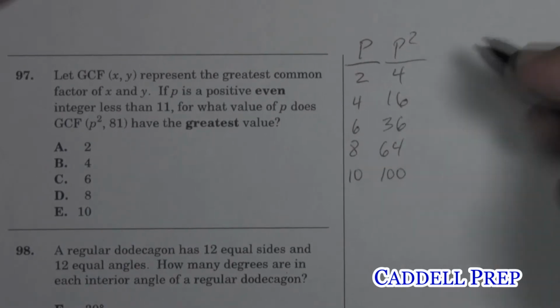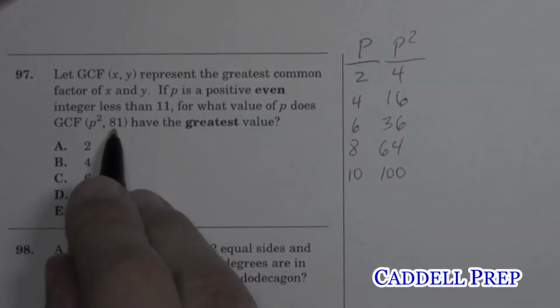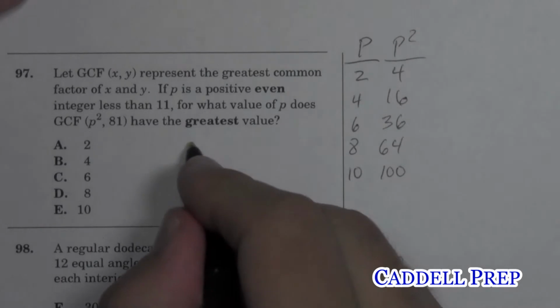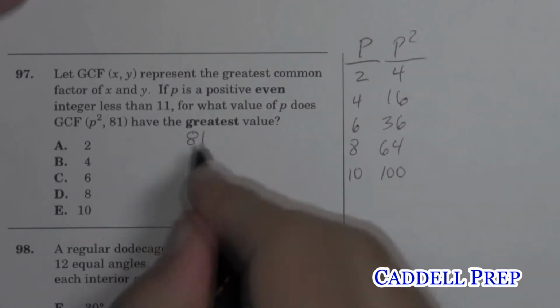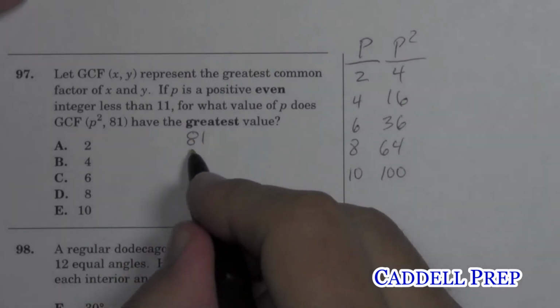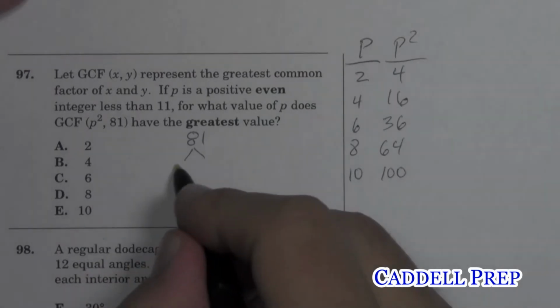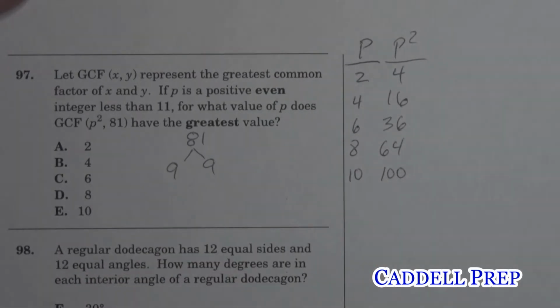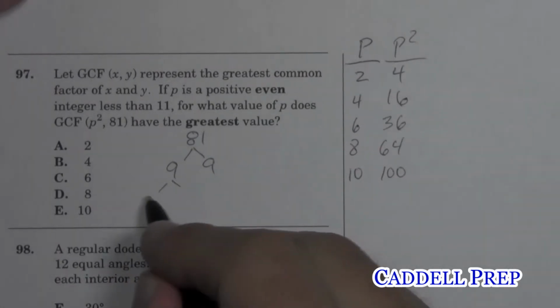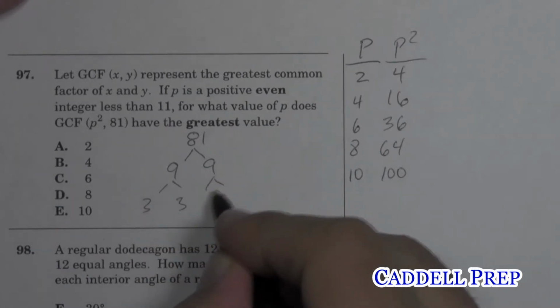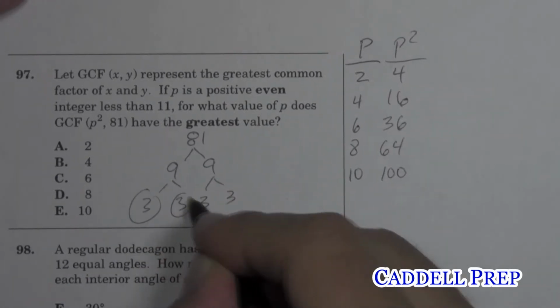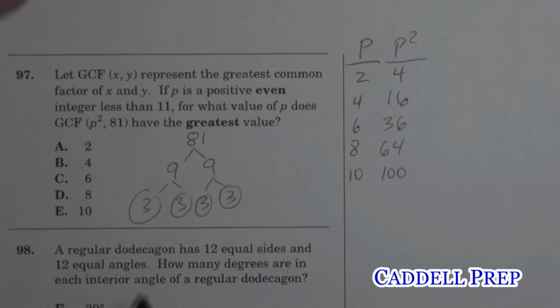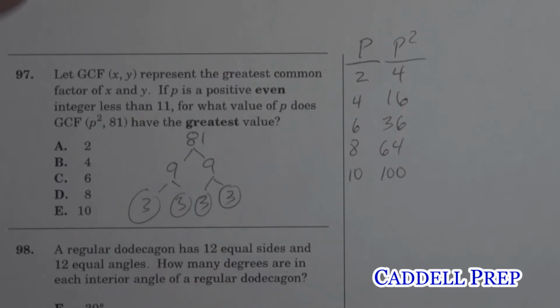So a good place to go now would be to find out what are the factors of 81. So if we have 81, that could be 9 times 9, 3, 3, 3, 3. So that's the prime factorization of 81.